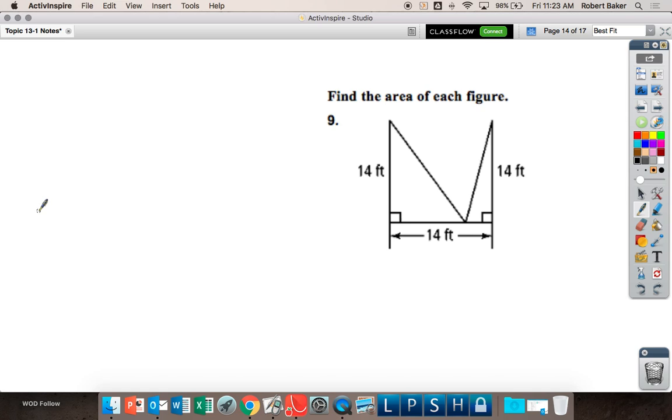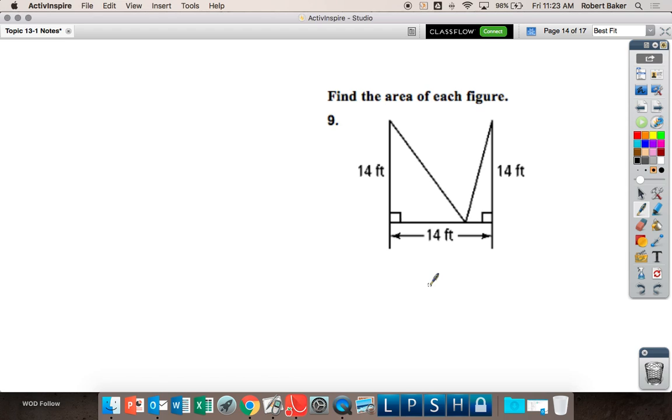Okay, what about this guy? This one's tough. So what would you normally do? If you tried to do 1/2 base times height, how long is this piece? Not 14 inches. You don't know.